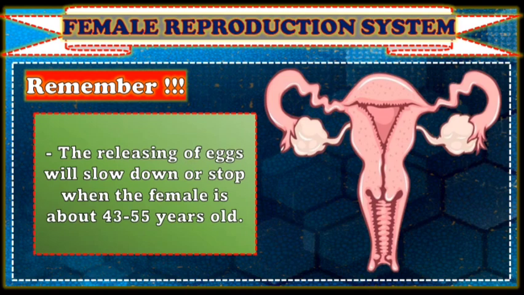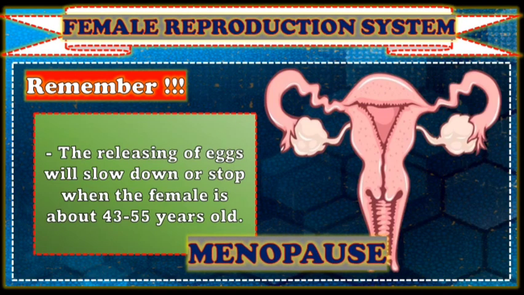Remember that the releasing of eggs will slow down or stop when the female is about 43 to 55 years old. And this is what you call menopause, or yung hindi na sila nag-mens every month.